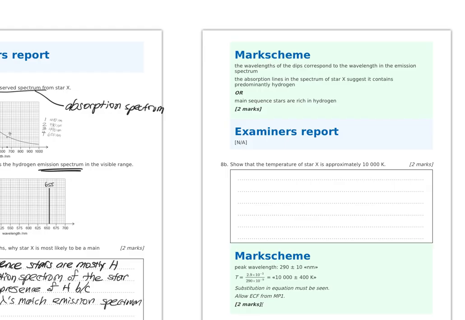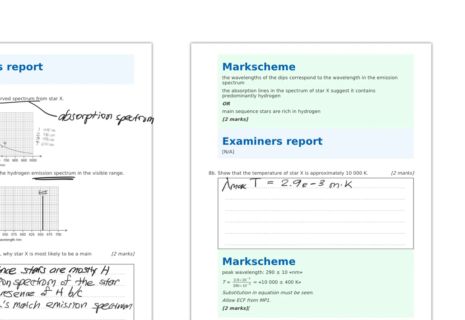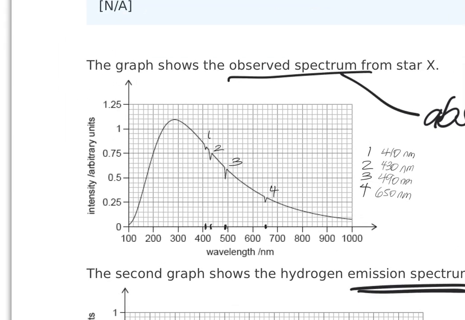8B says show that the temperature is approximately 10,000 Kelvin, so we would use for that lambda max times the temperature is 2.9 times 10 to the negative 3 meters Kelvin. So we look for the maximum wavelength that comes in at right there.